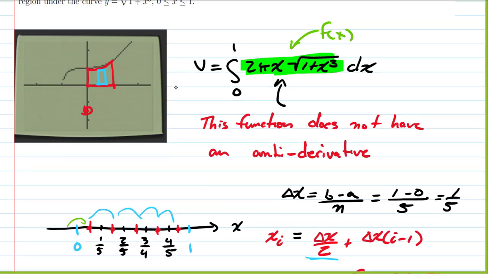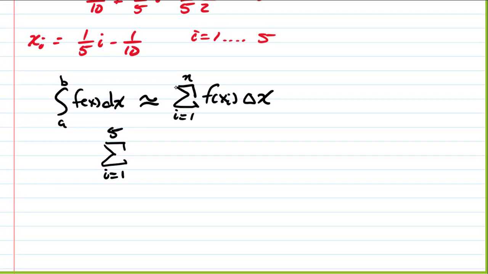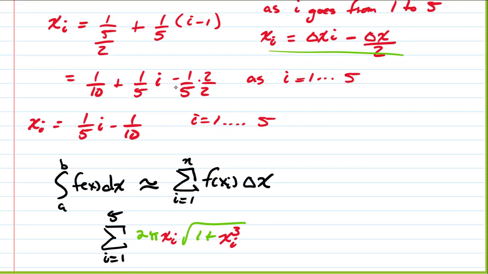So we have 2 pi x, so 2 pi x sub i, times the square root of 1 plus our x sub i cubed, times our dx, or our delta x. And our delta x, well, I'll leave it in red for now.